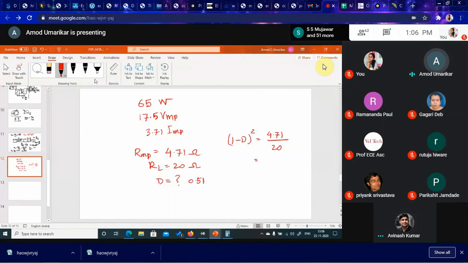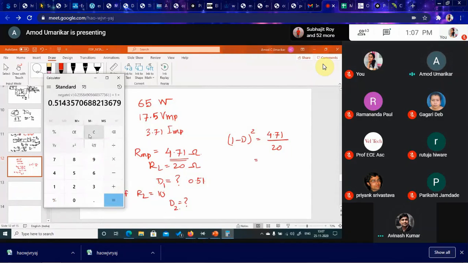After some time, the load changes from RL 20 to 10. RMP remains the same because the radiation is the same. So what will be the new D? D1 is 0.5, and D2 we have to calculate again.